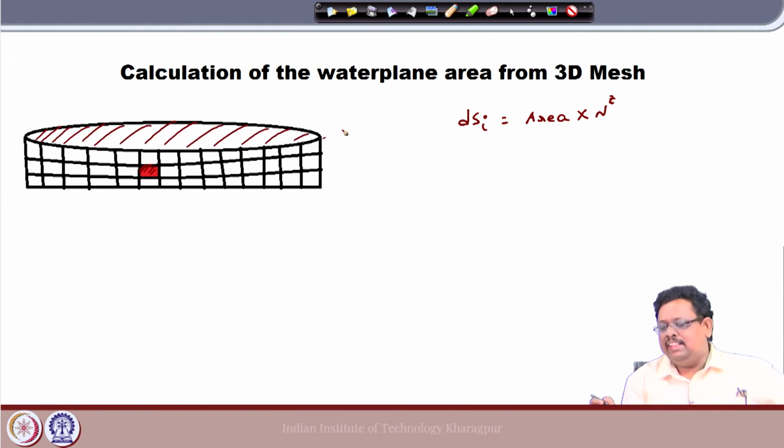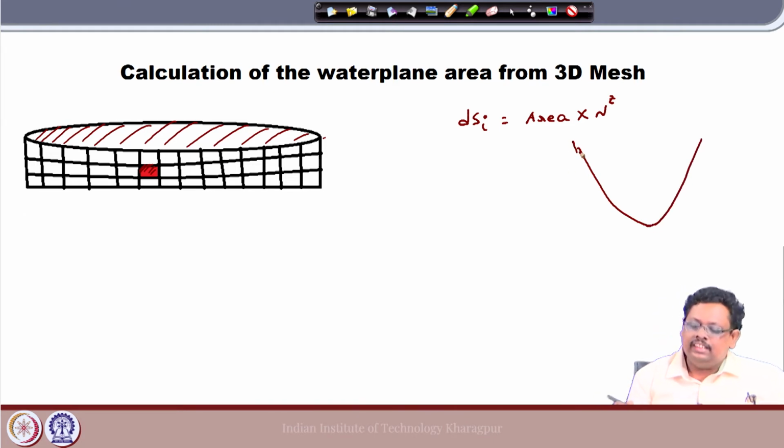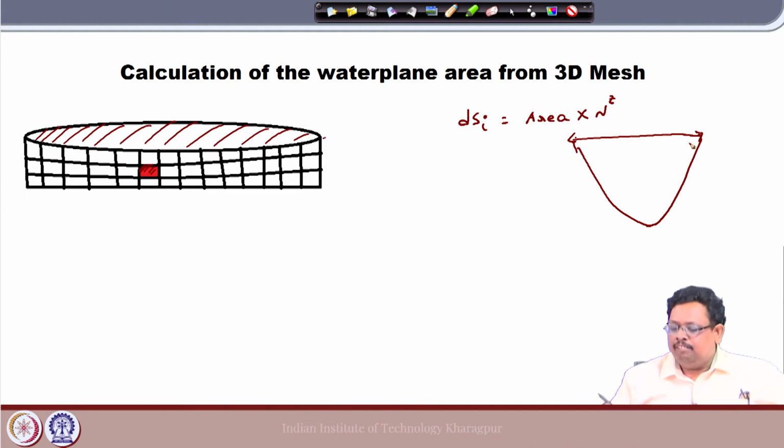Now you see what is actually happening. If I show you in 2D, it will be very clear. Suppose this is your section line. Your interest is to find out this length, but you have the nodal information of this particular line.